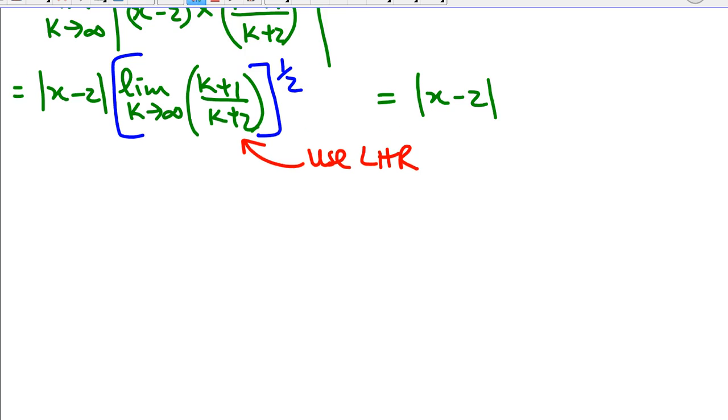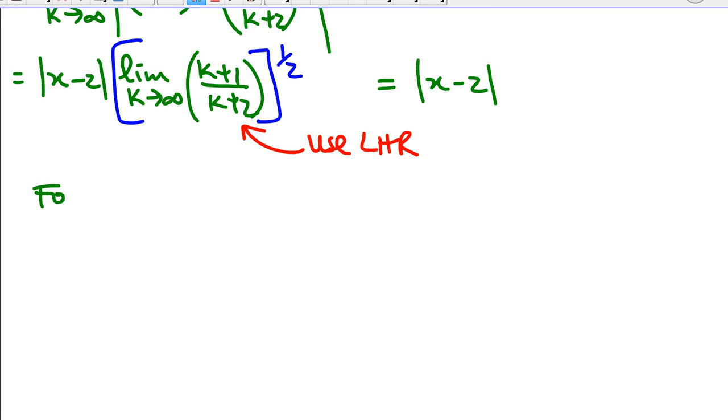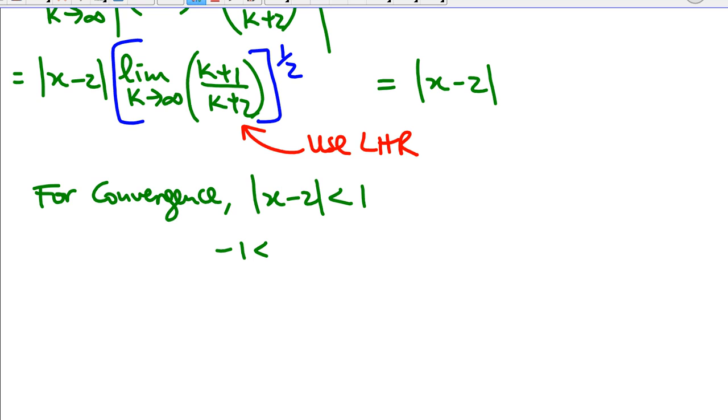But for convergence, this should be less than 1 from the ratio test. Which means we'll end up with -1 less than x minus 2 less than 1. Add 2 on both sides, we'll end up with this inequality. Check the endpoints.